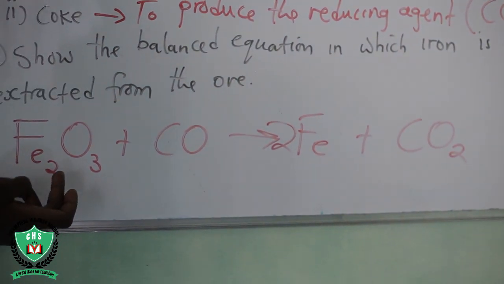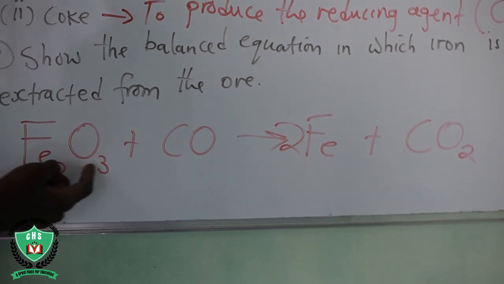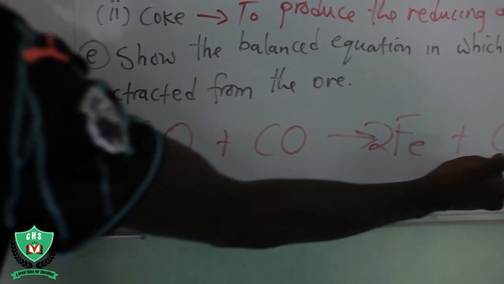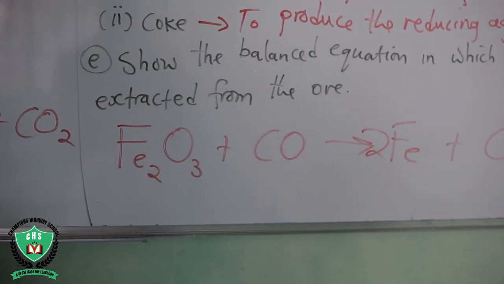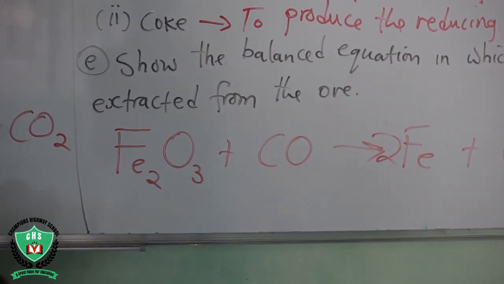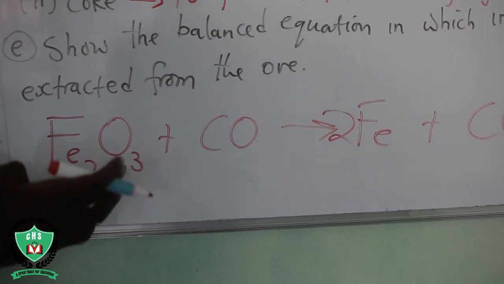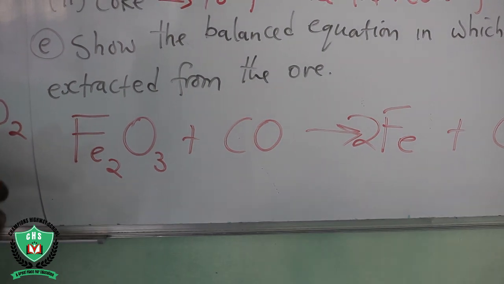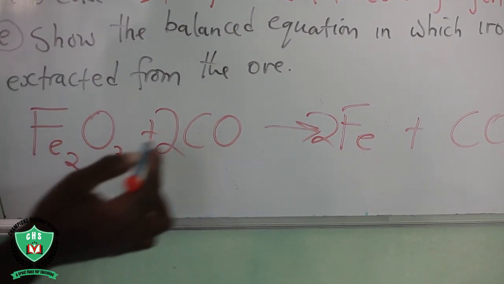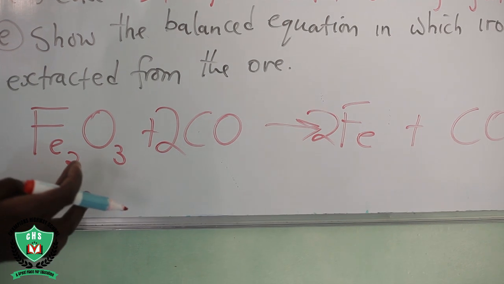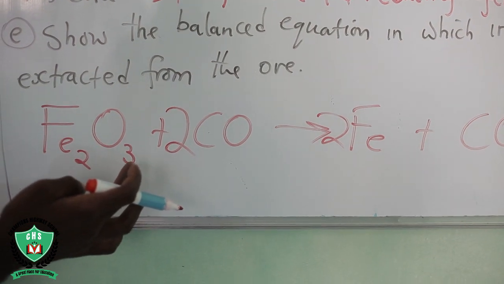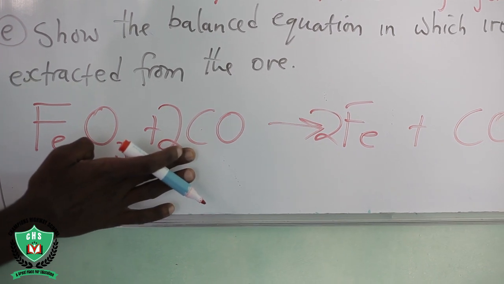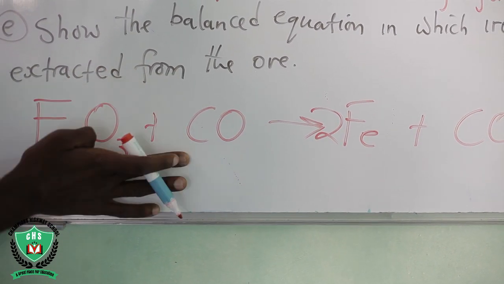Then if we check the number of oxygen atoms, we have 3 on this side, but on this side we have 2. For us to balance that equation, it's easy to balance when you have even numbers. So we'll put a 2 here, so that this side will have the number of oxygen, we'll put 3.